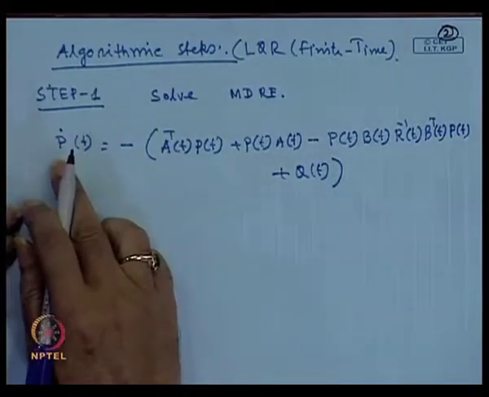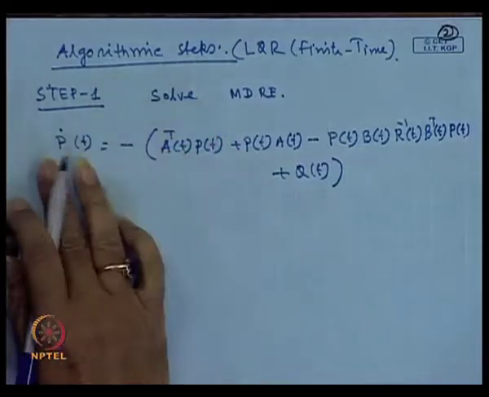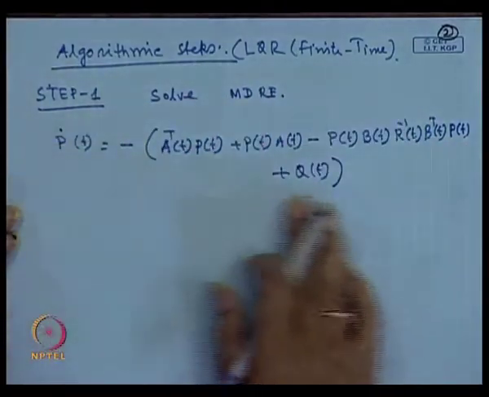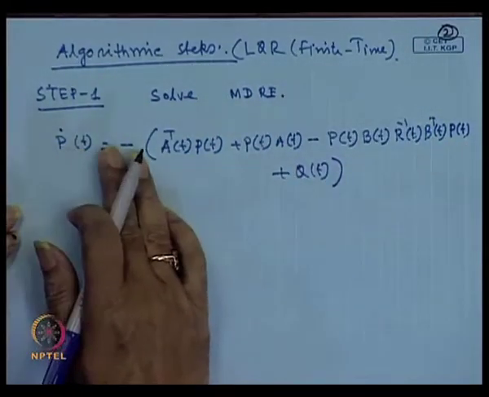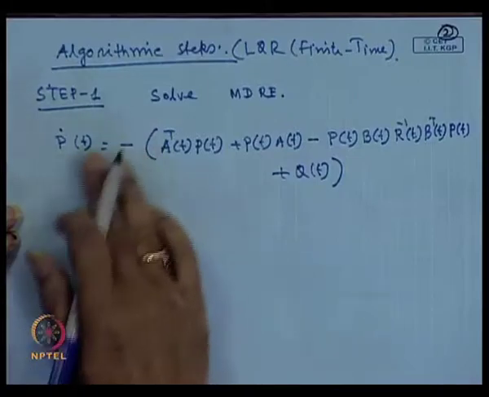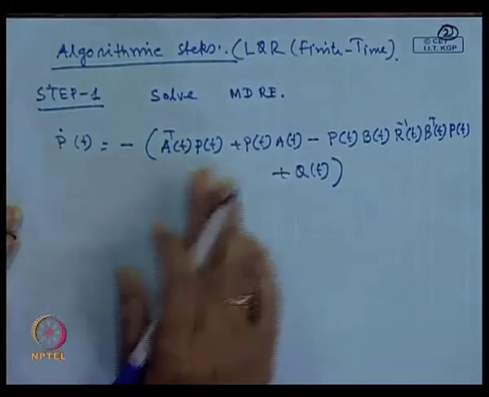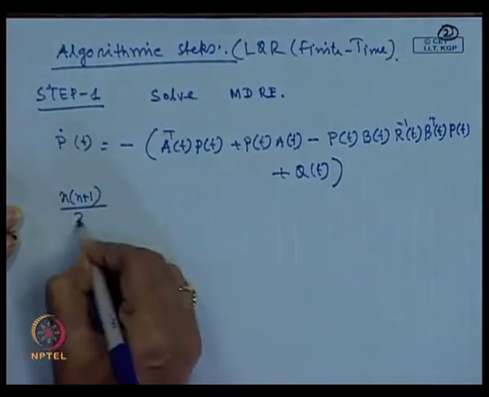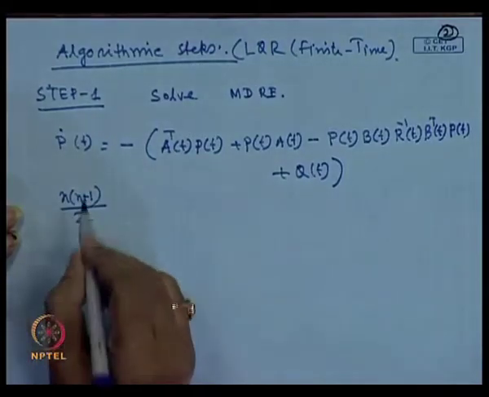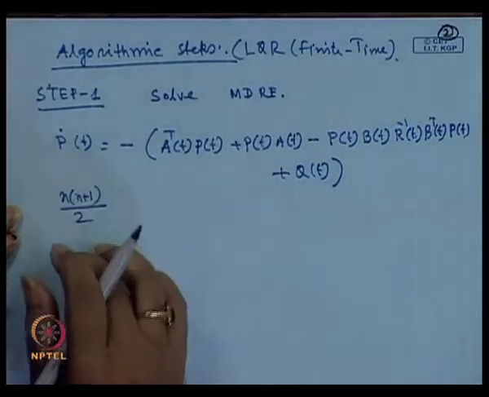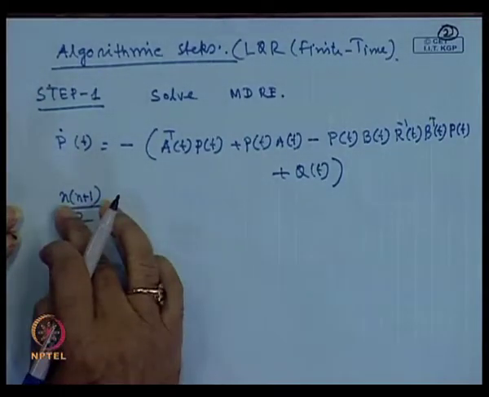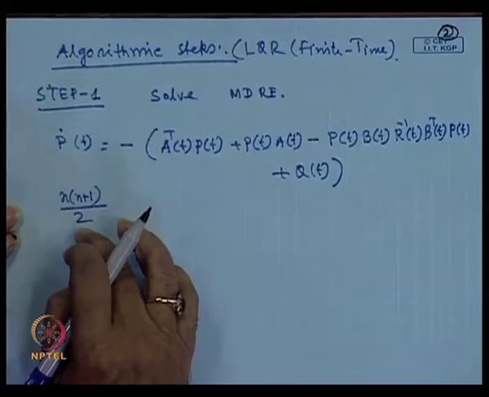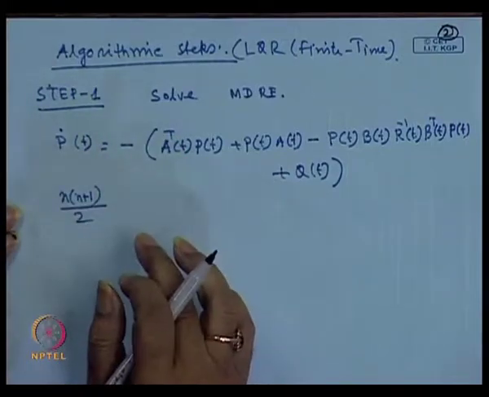Since we have considered P to be a symmetric matrix, one can easily see from this expression that we need to solve n into n plus 1 by 2 first order differential equations, since P is a symmetric matrix.